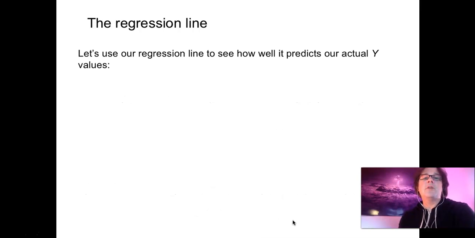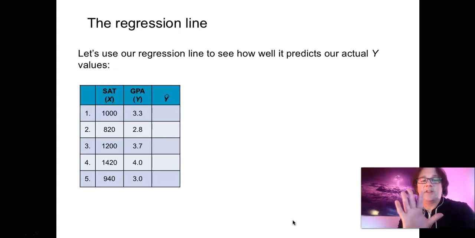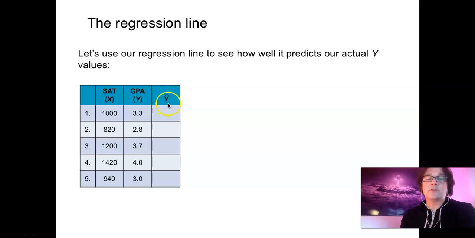Okay, so let's use our regression line to see how well it predicts all of those actual Y variables. So this is the initial data set that we started with. These are actual X scores and actual Y scores. There's no prime or hat on this Y. They're not predicted scores, but we're going to calculate predicted scores, right?